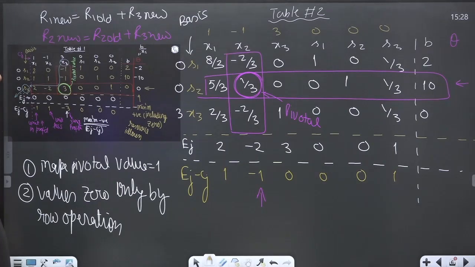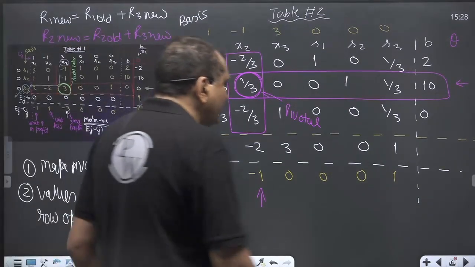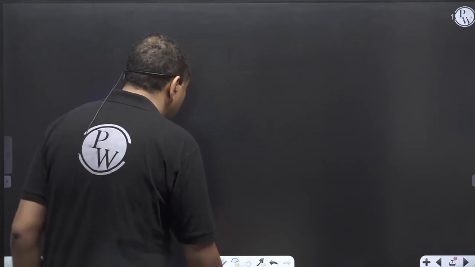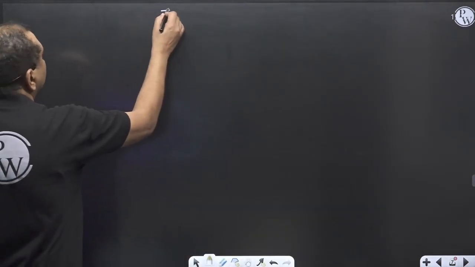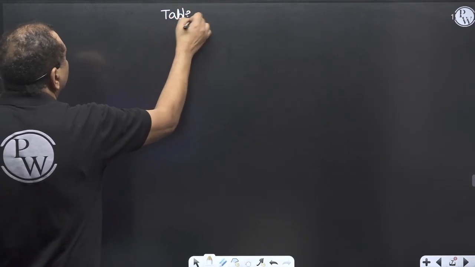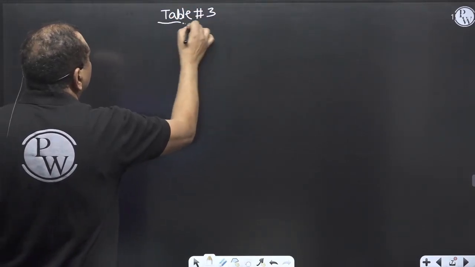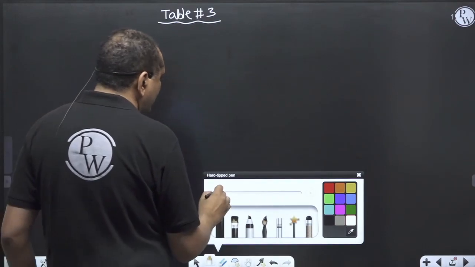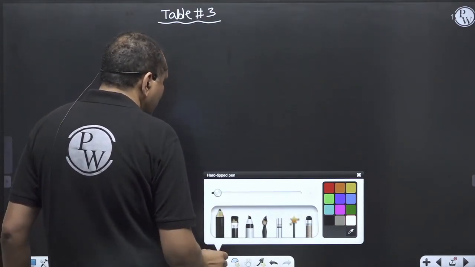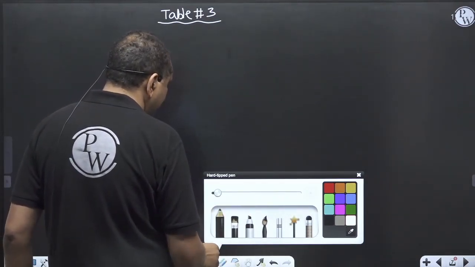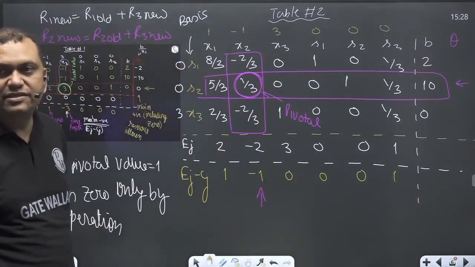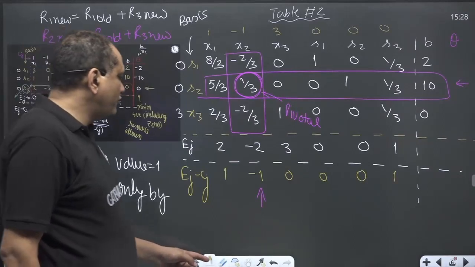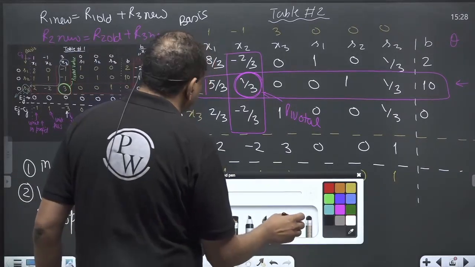Now make the next table. Table 3. So what is my decision from here?